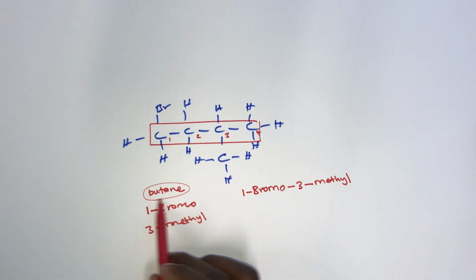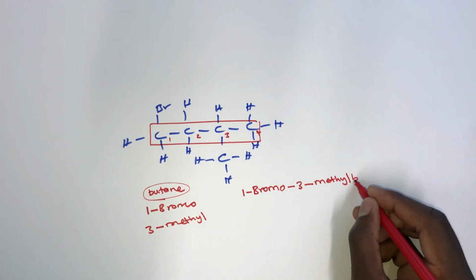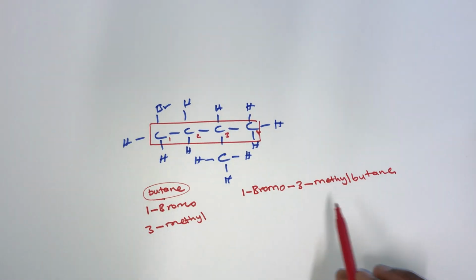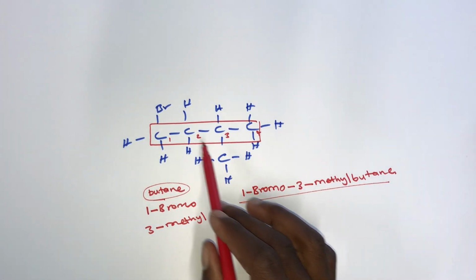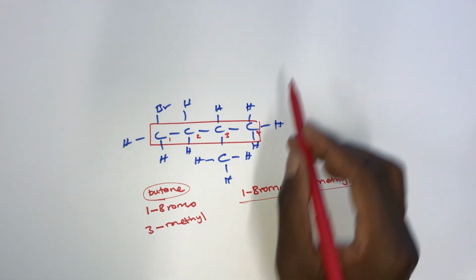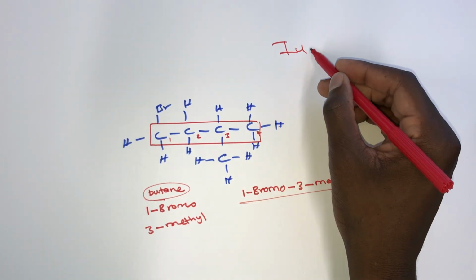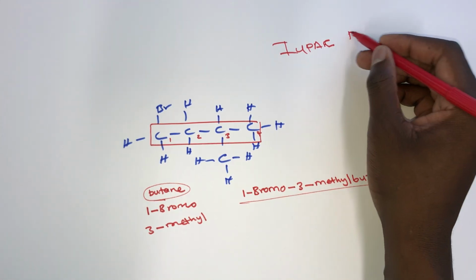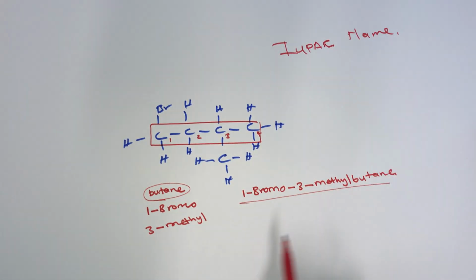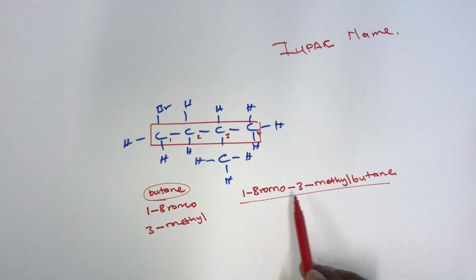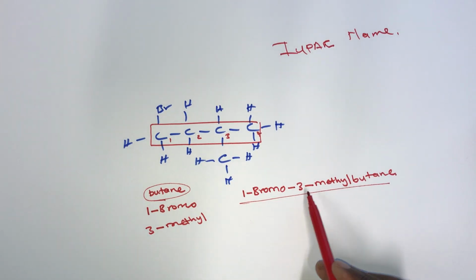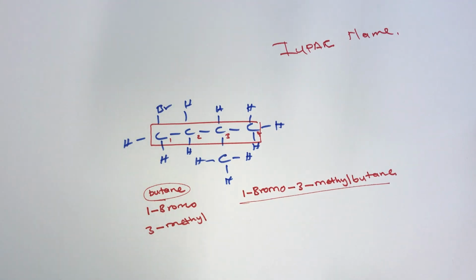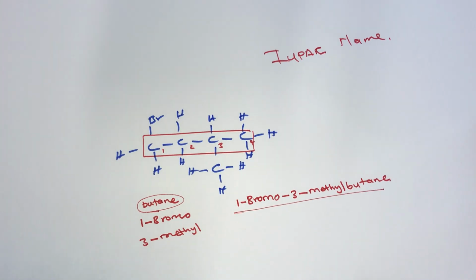Then what is the parent structure? Butane. Remember we're doing IUPAC naming, so the IUPAC name of the structure is called 1-bromo-3-methylbutane.